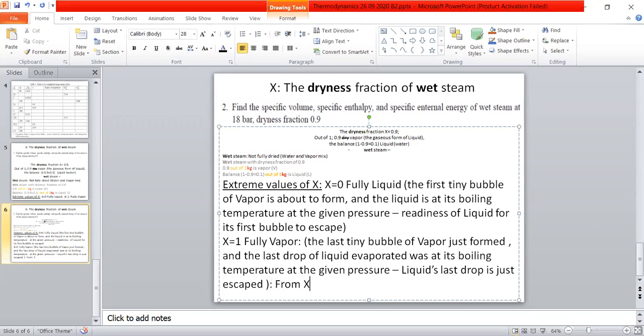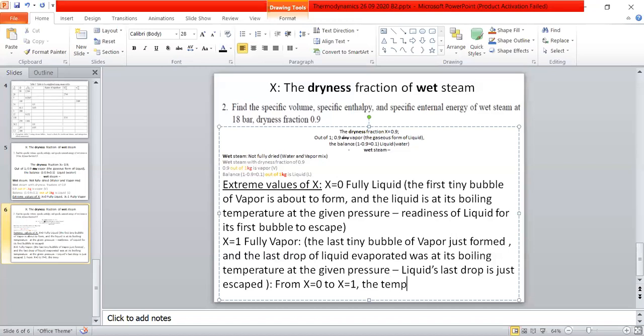From x equals 0 to x equals 1, this wet steam, 1 kg, let's say, we will write this way.